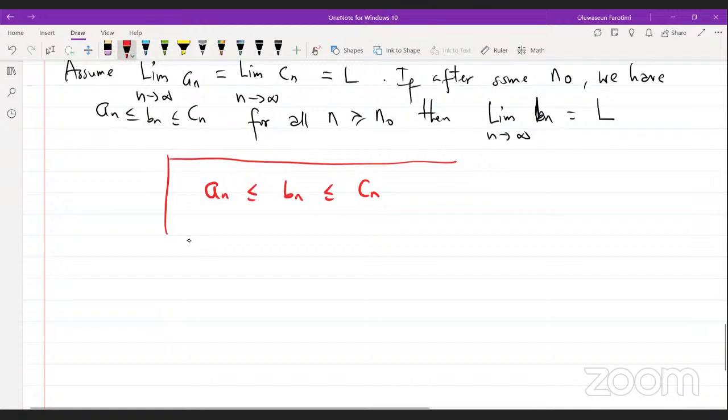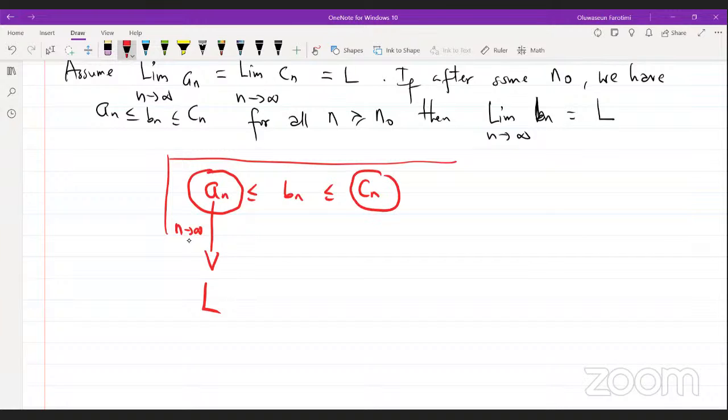If the limit of this one as n goes large gives me L, and the limit of this one also as n goes large gives me the same L, these two are the extremes.